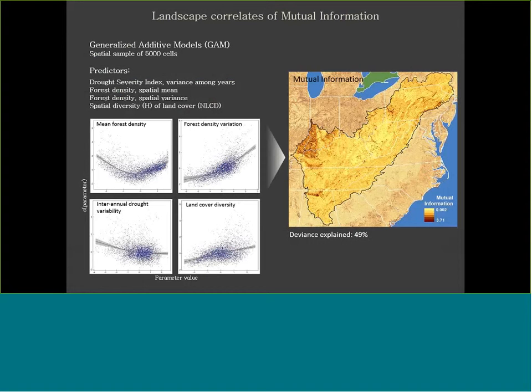And the point of this next slide, I just changed to the landscape correlates of mutual information slide. That's the title at the top. The point here is just to show that these MODIS satellite imagery derived metrics at high spatial resolution are really encapsulating change over time in the ecosystems that they represent and across space.